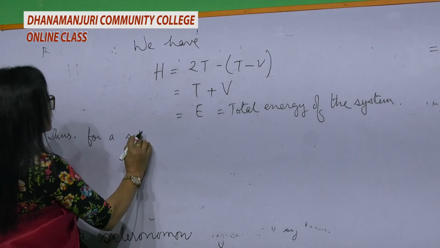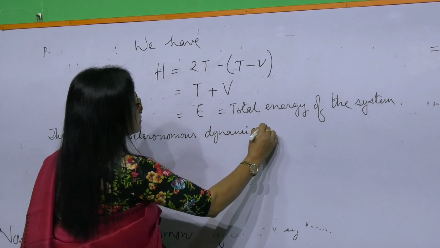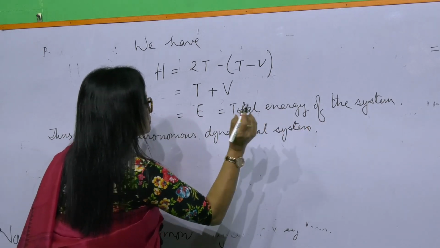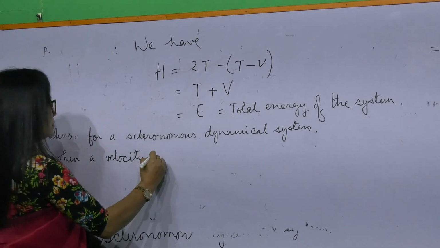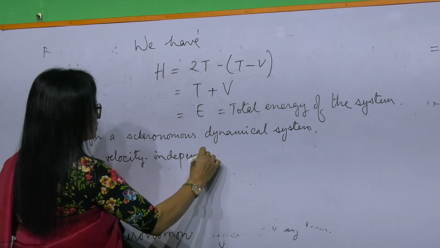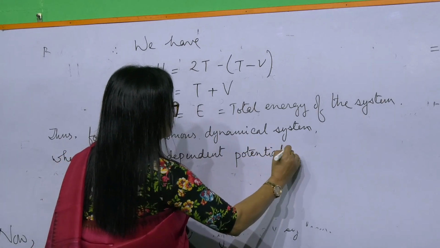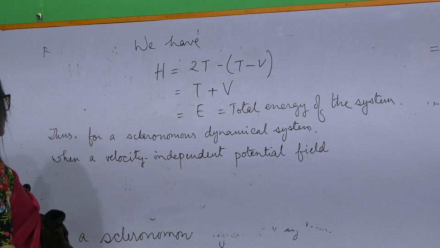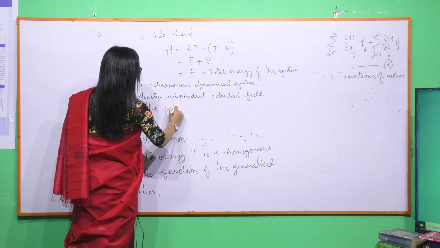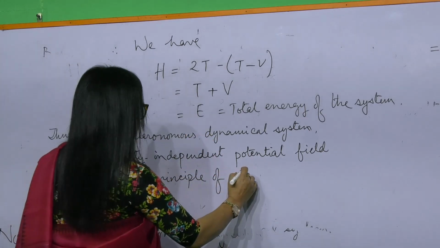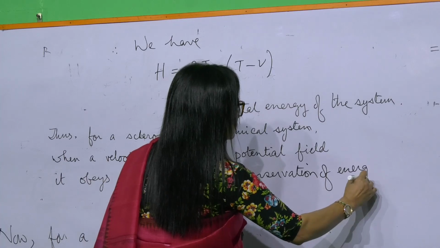For a scleronomous dynamical system, when a velocity independent potential field, it obeys the principle of conservation of energy.